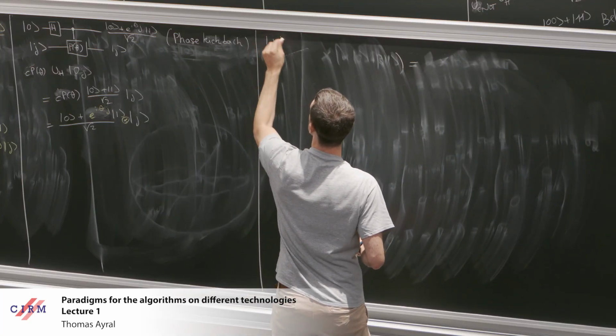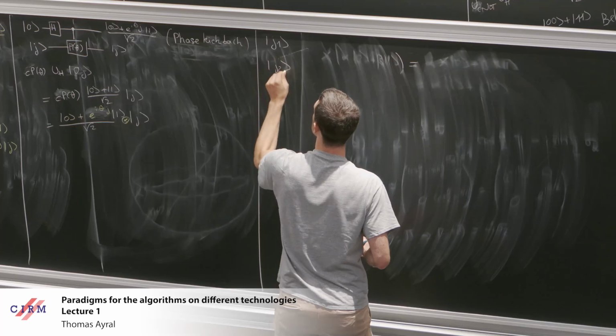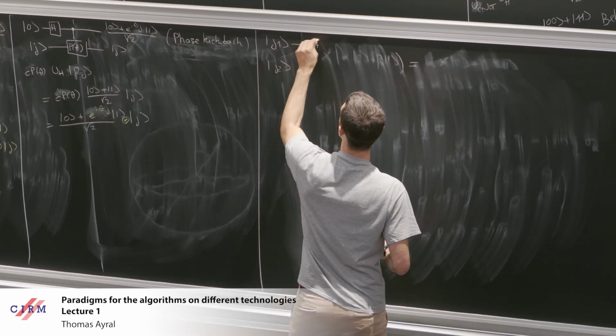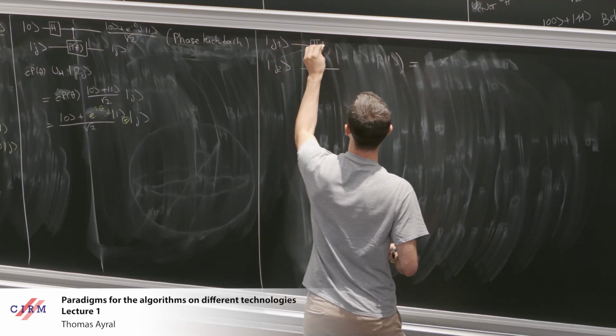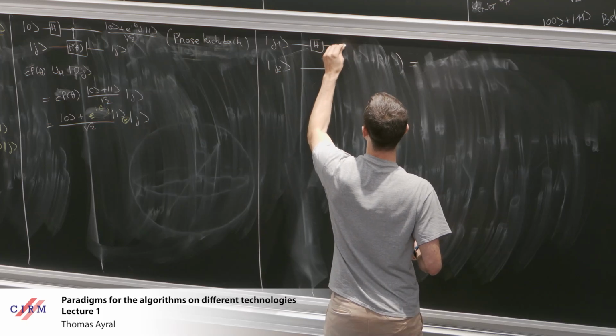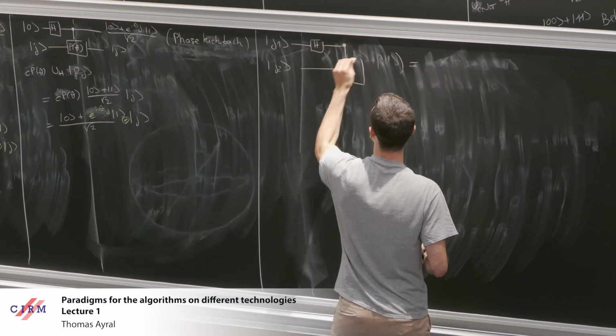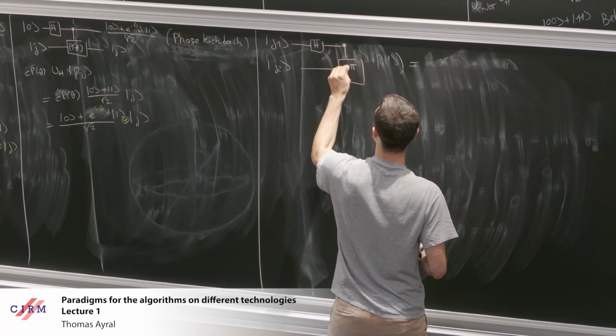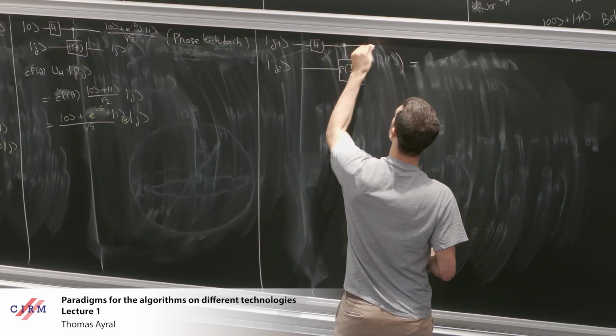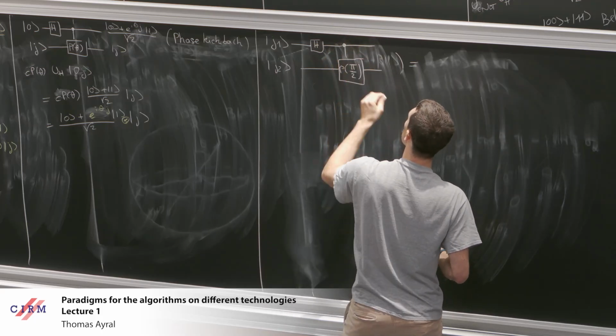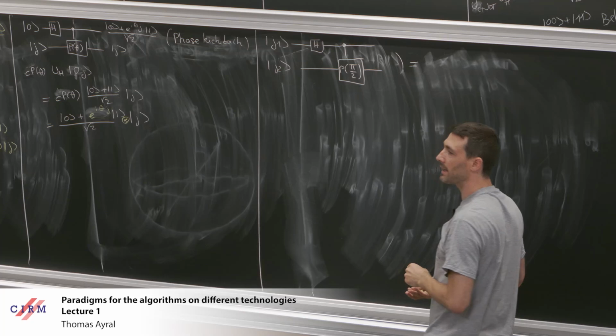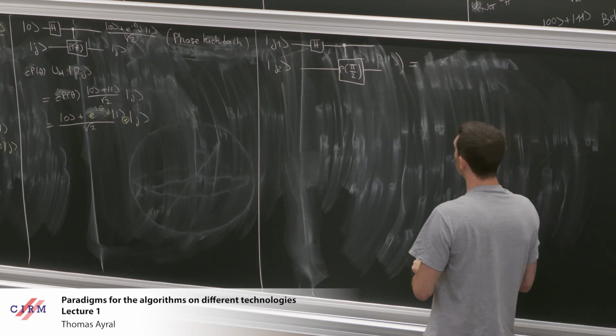I put j1 here, j2 here. I put a Hadamard gate. And I put a control phase gate, but this time a control phase gate of pi half. And now I want to know what's happening next. So let's see.